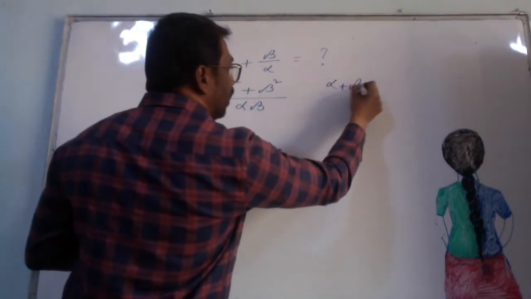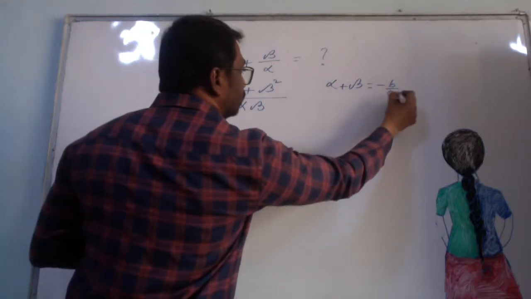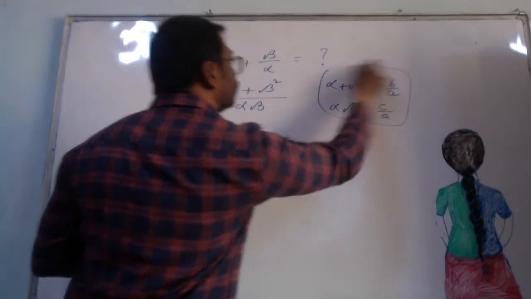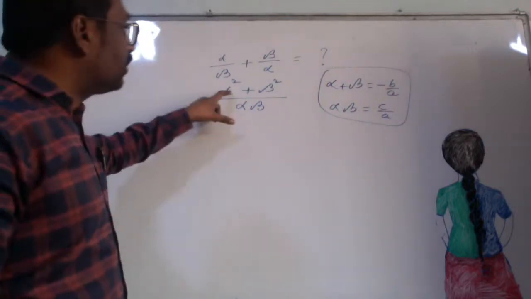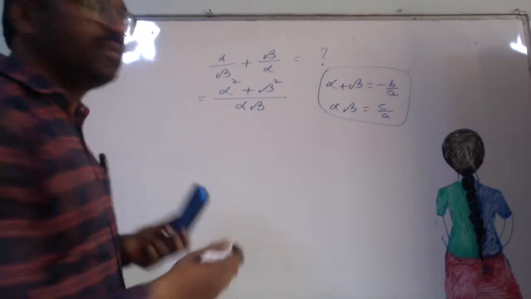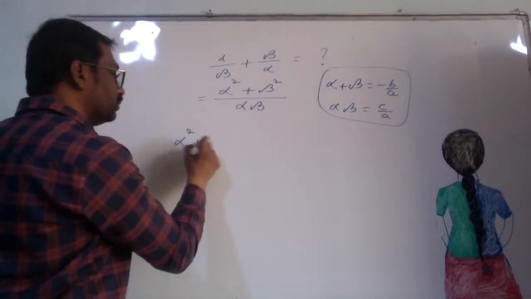Already we know the alpha plus beta and alpha beta values, but here alpha square plus beta square is there. How can we find alpha square plus beta square?